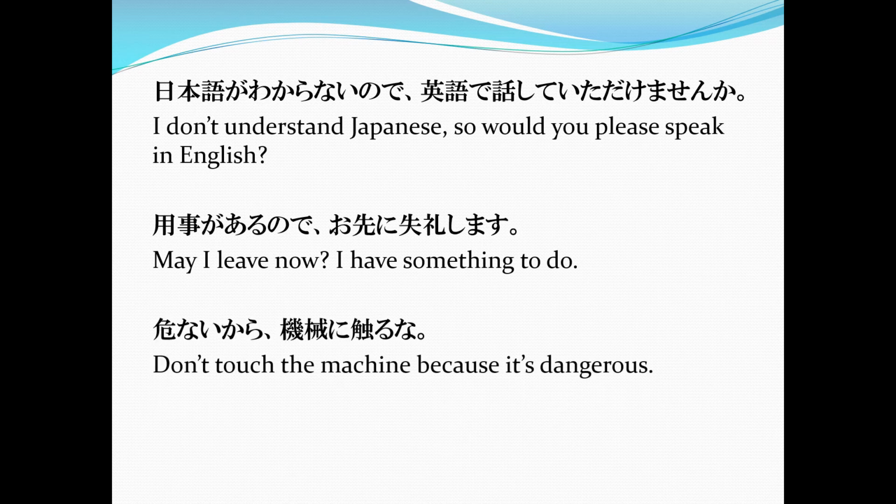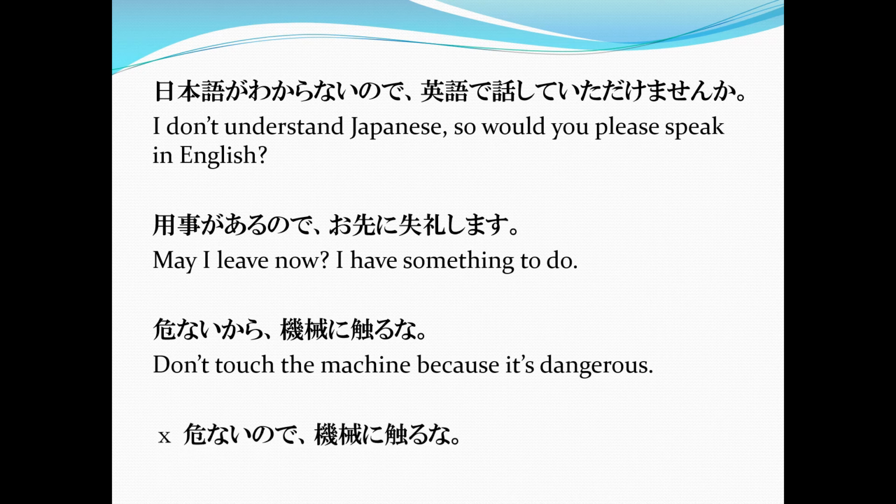Now, 危ないから機械に触るな. Do not touch the machine because it's dangerous. Now, why did we use kara in this one? 危ないから機械に触るな. Don't touch the machine because it's dangerous. Okay. In the last example, we do not use no de because as no de softens the expression, it is not used with the imperative or the prohibitive forms.